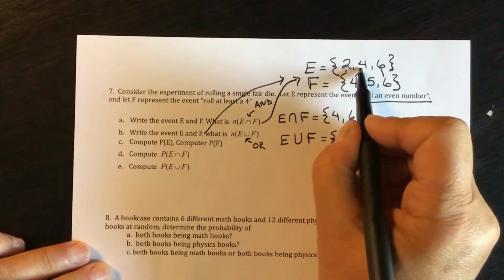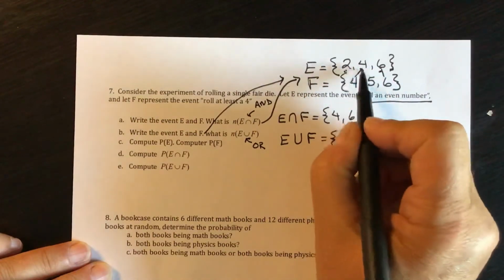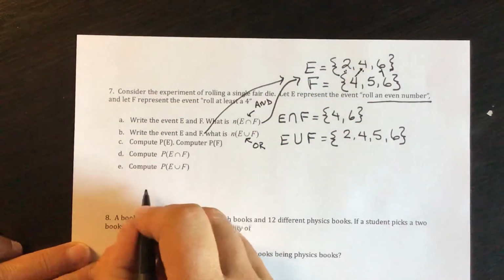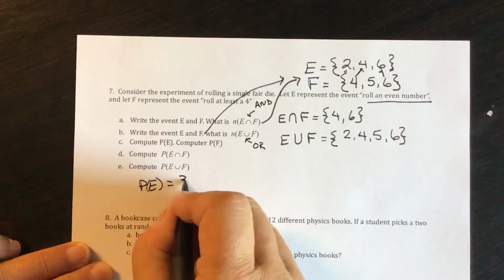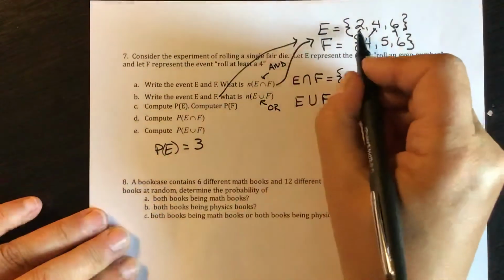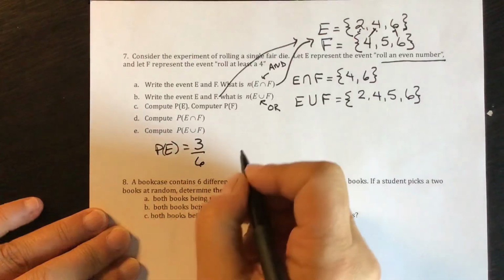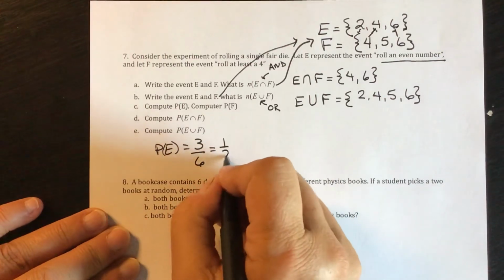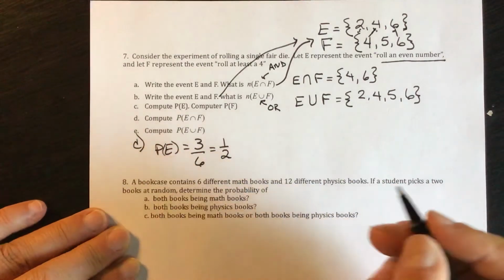And for one of these values in set E to happen, we have 3 possibilities, or 3 ways that I can get an element out of set E out of 6 possibilities. So that's 1/2. So this is C.